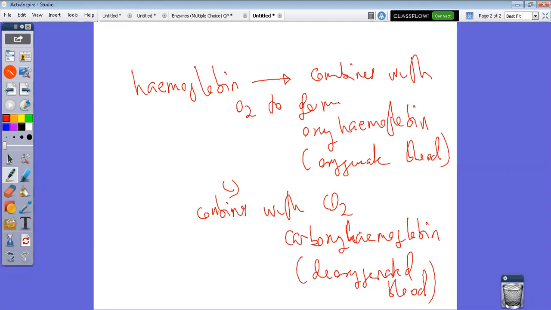When the blood reaches the body cells, the oxyhemoglobin is easily split into hemoglobin and oxygen again, so that the oxygen can be used for respiration. Because that's its function. Clear? Please repeat, sir.